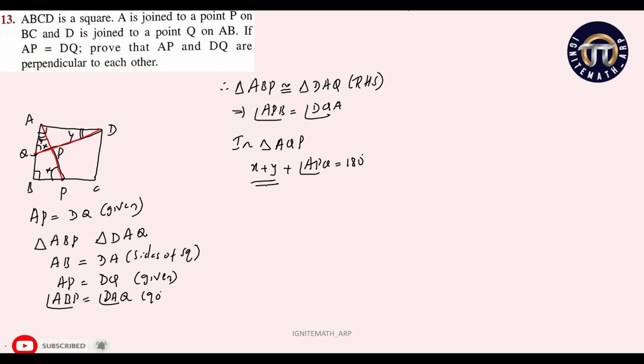Now pay attention, children. So I have this x plus y over here. This angle is x, and this angle is also x, and this angle is y, this angle is also y. So can we say that they are perpendicular to each other? We are supposed to prove.